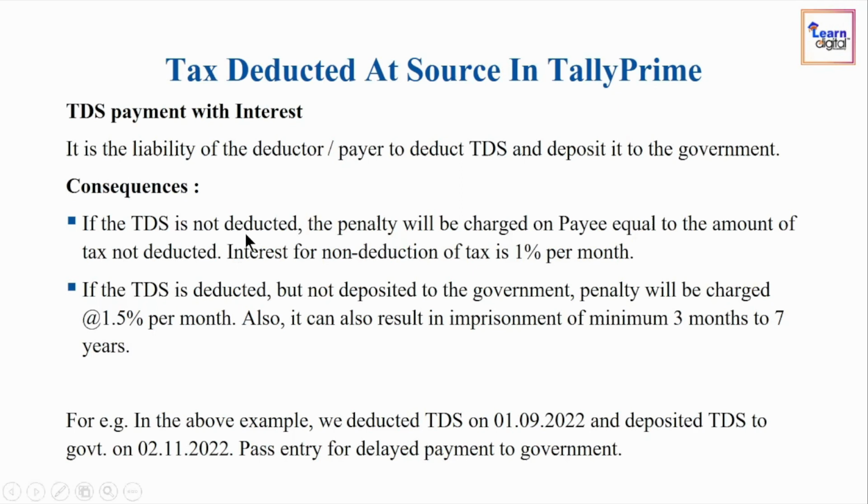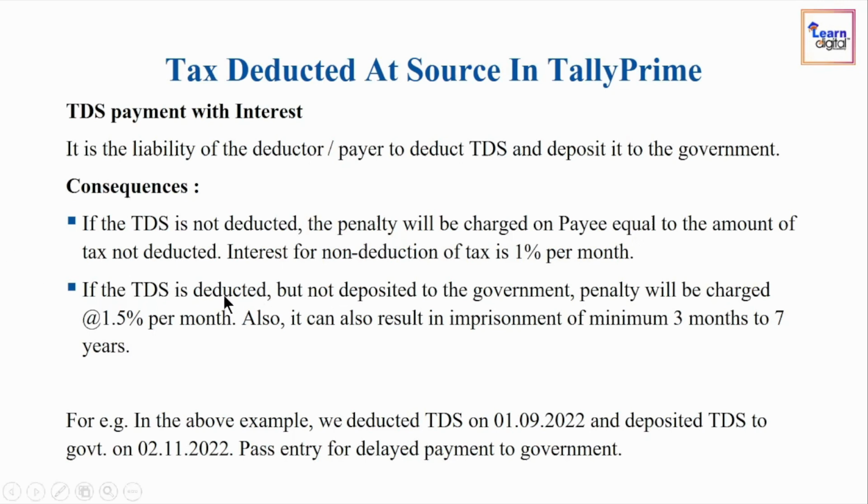If the TDS is not deducted, the penalty will be charged on the payee equal to the amount of tax not deducted. So interest for non-deduction of tax is 1%. So it is mandatory, or it is good, to deduct the TDS, and the TDS certificate to be provided to the payee.